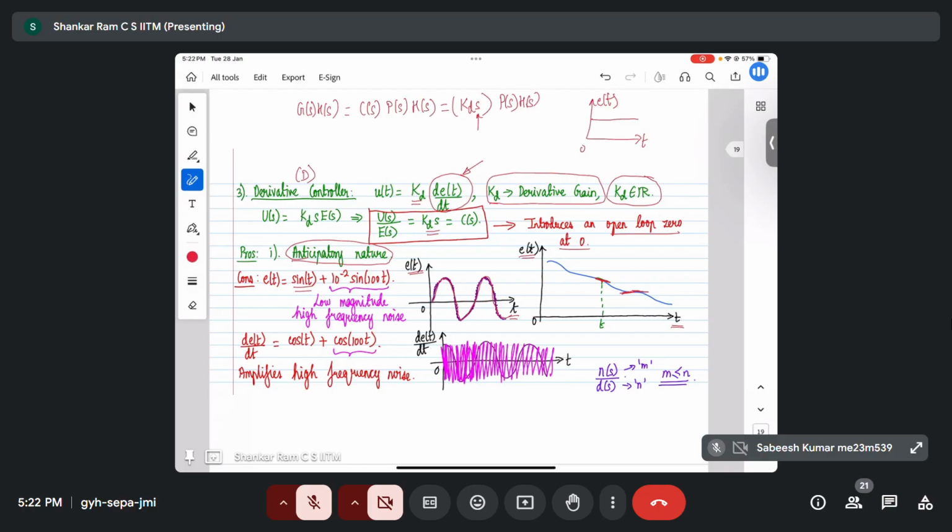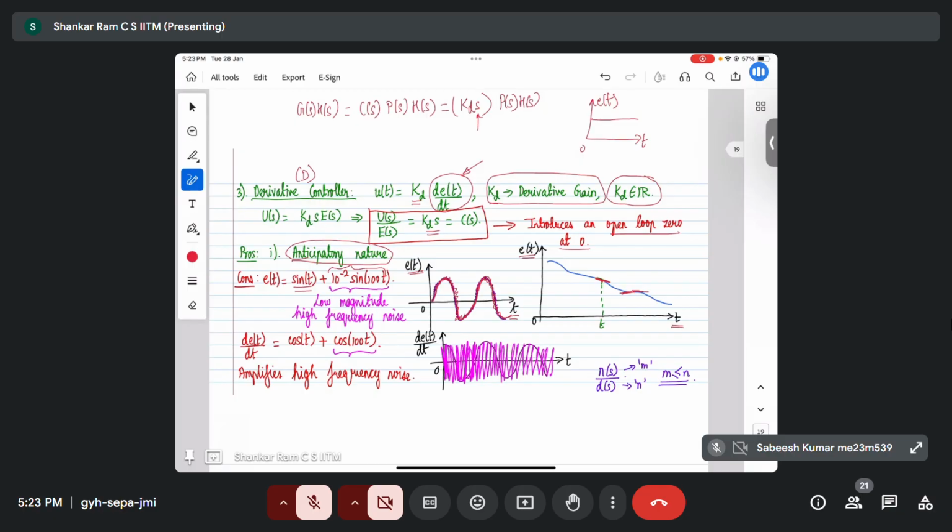Now, on top of it, let's say we have some low magnitude but high frequency noise, which comes from sensors. So let's say we call that 10^-2 sin 100t. Very much possible, right? So 10^-2 means it's low magnitude. Sin 100t means the frequency is very high, right?